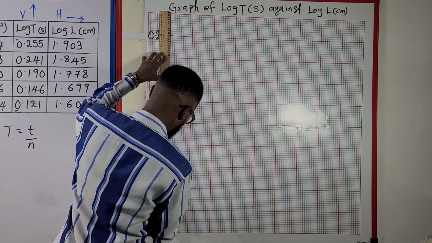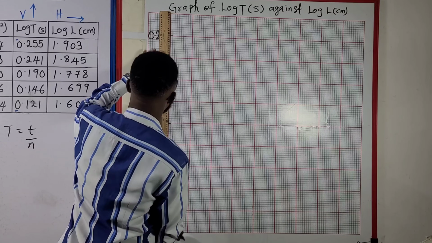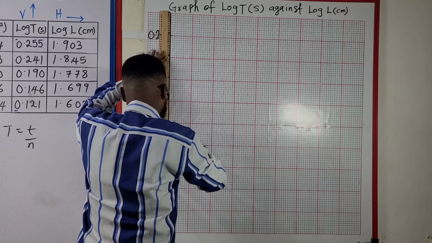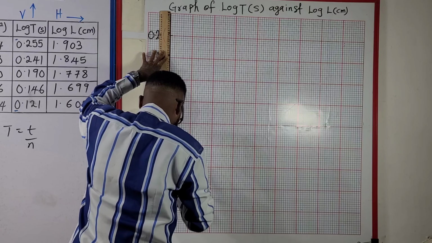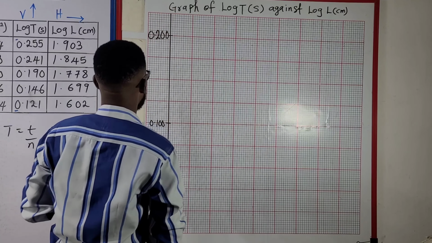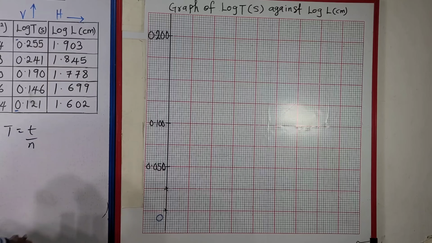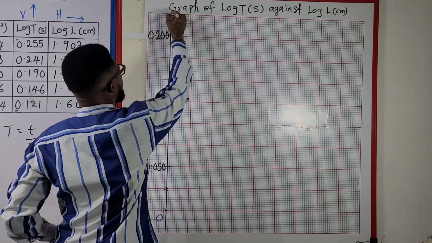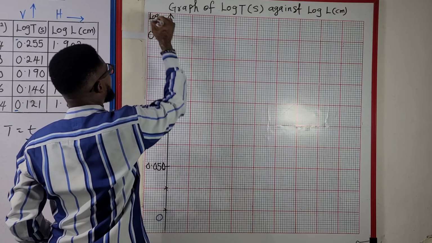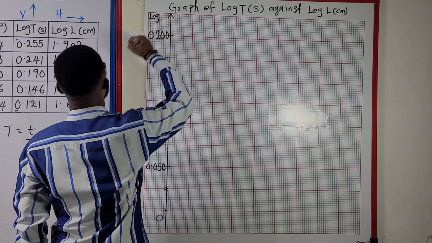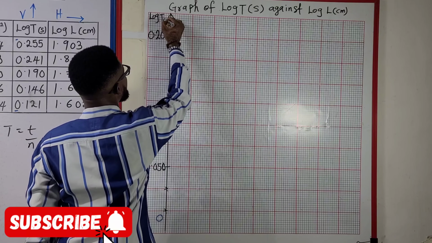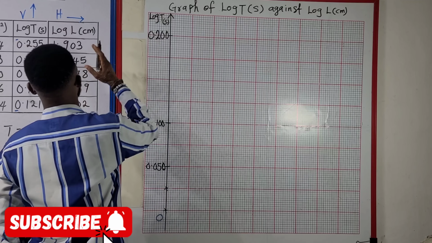It must not be broken, that's why you must have a sharpened pencil. This time around, I am using a marker because this is a graph board. Here we go. I've drawn that, and this here is going to represent my log T in seconds.